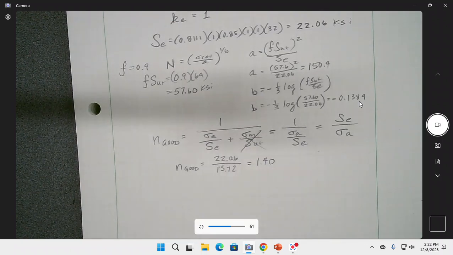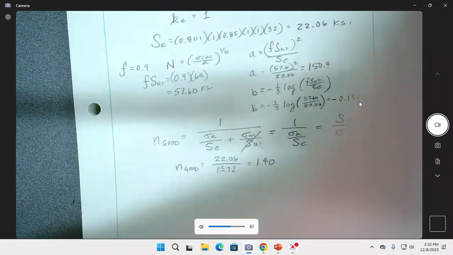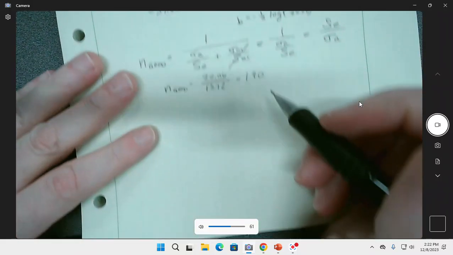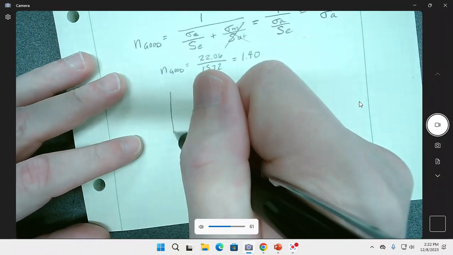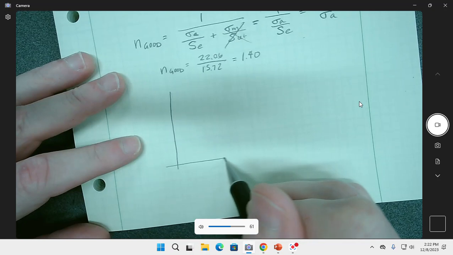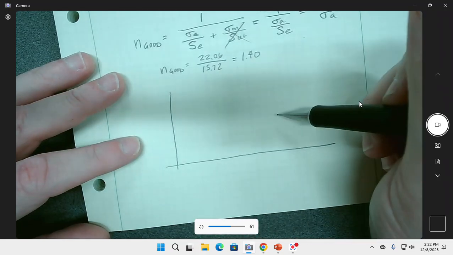So if we wanted 99.99% reliability, then we say, okay, yeah, the thing is going to die. But not enough for me right now, because I wanted to go ahead and predict the life of the thing. But now on an S-N diagram, I want you to get used to the S-N diagram.